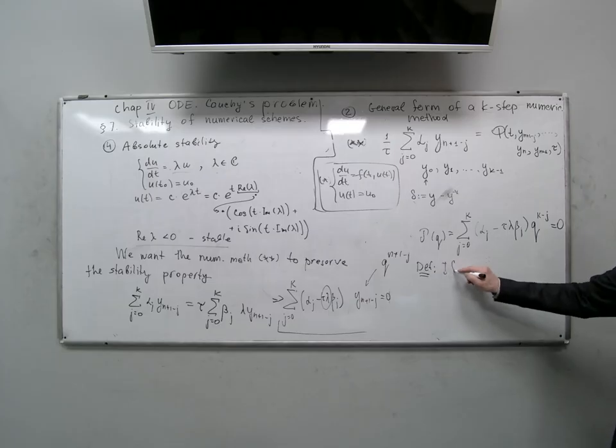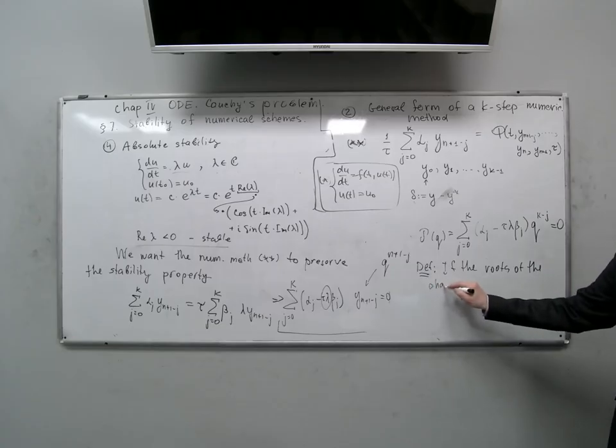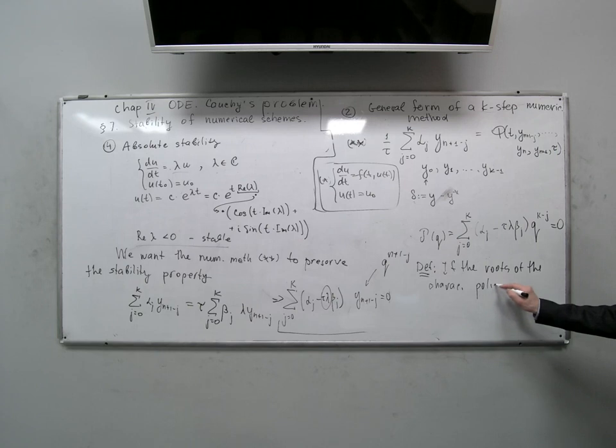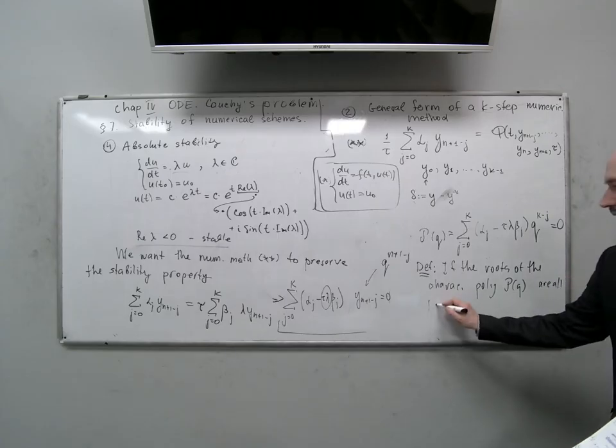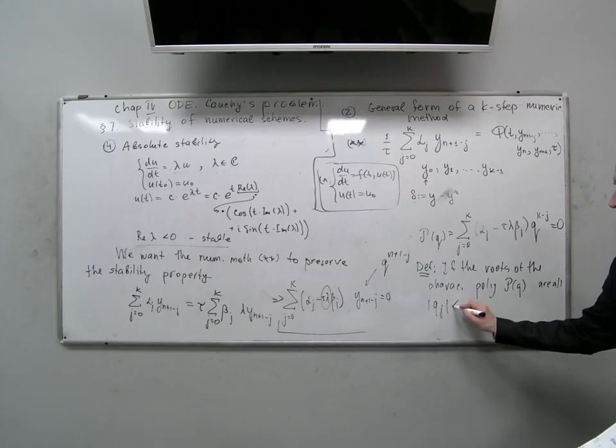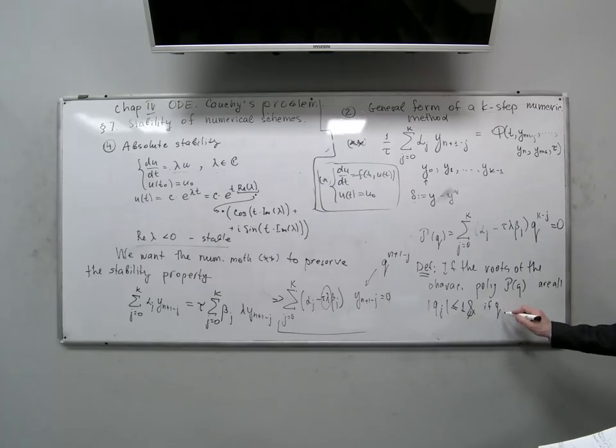If the roots of the characteristic polynomial p of q are all such that the absolute value of q j is less than or equal to 1, and if q i is equal to 1, then the multiplicity is 1.